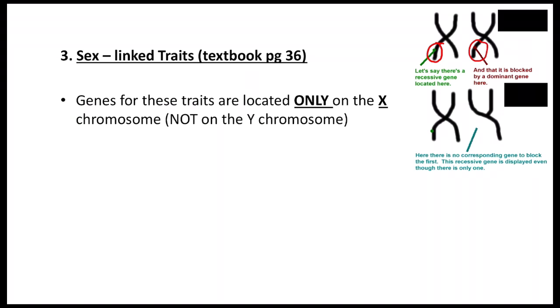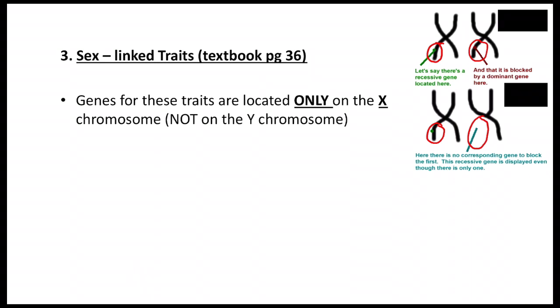If this recessive gene is in the same spot on the male X chromosome, so right here, instead of being paired with another X, it's paired with a Y. And there is no corresponding gene because if you look here, the section is missing. So there's no section of DNA there.